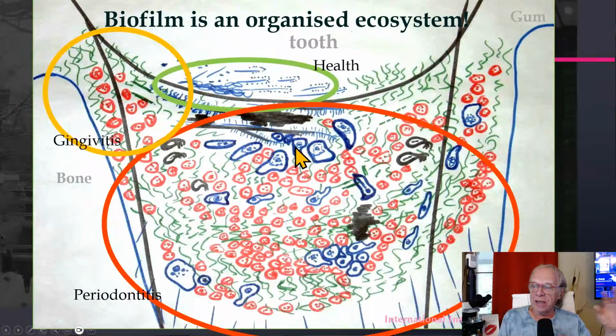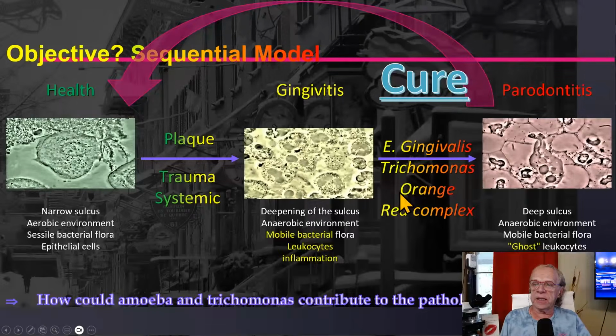They love it, they make babies, and you have calculus, nesting of those parasites. Removing the nucleus, they liberate enzyme that will destroy the bone under it. So it's quite simple to understand and see the stages from health to gingivitis to periodontal disease. It is really easy.